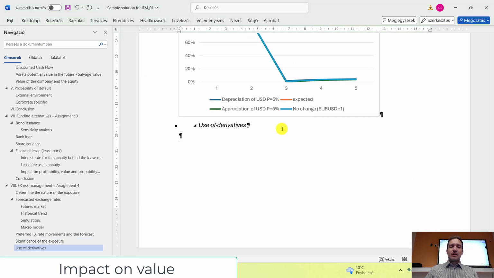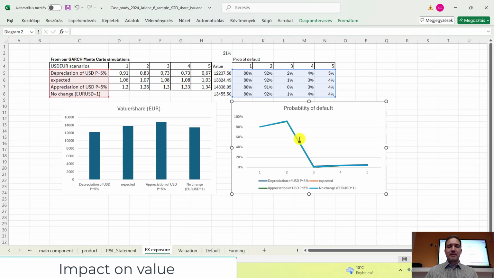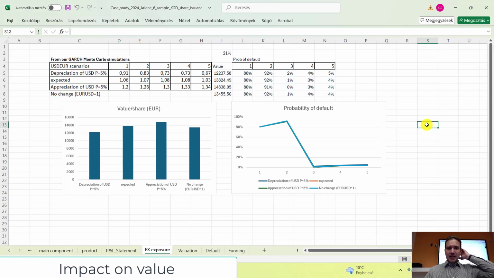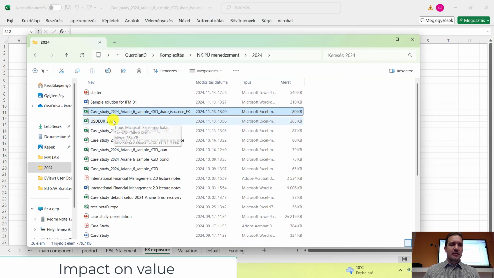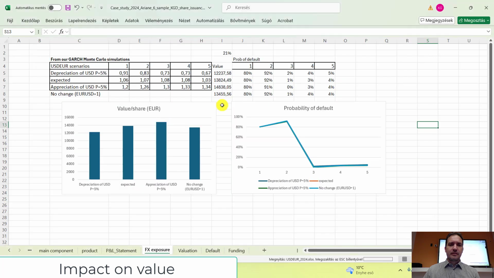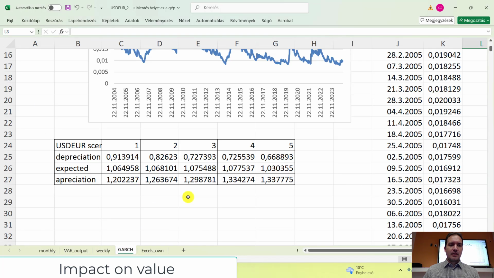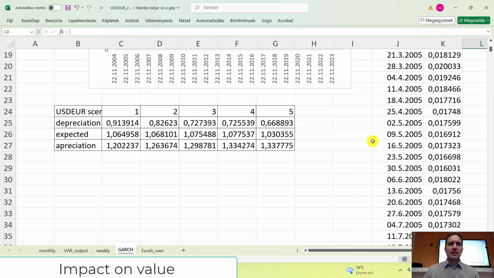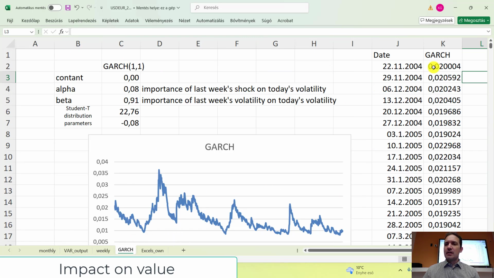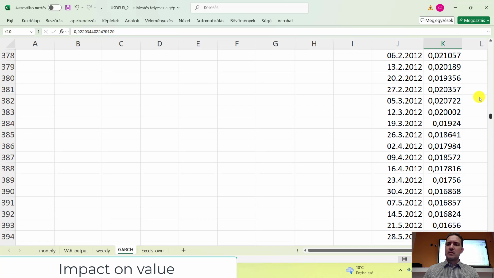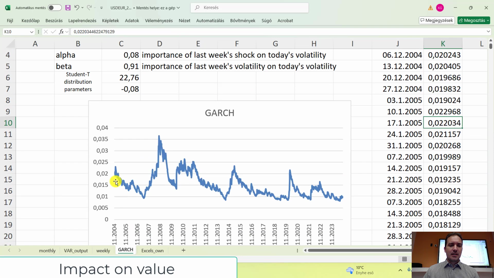Okay, and now finally we have the derivatives. And in this case, we have to estimate the option fee. And okay, last time when we had all the volatility data, I was able to extract also the standard deviation from day to day. It was, oh sorry, from week to week, doesn't matter.